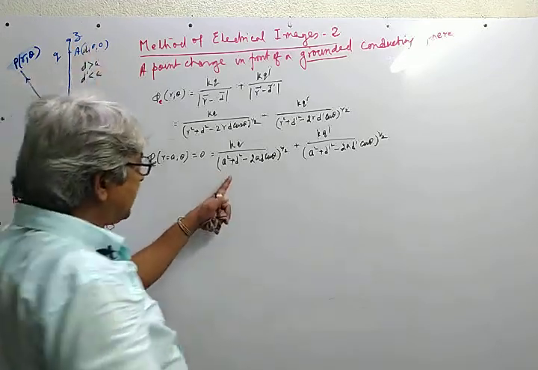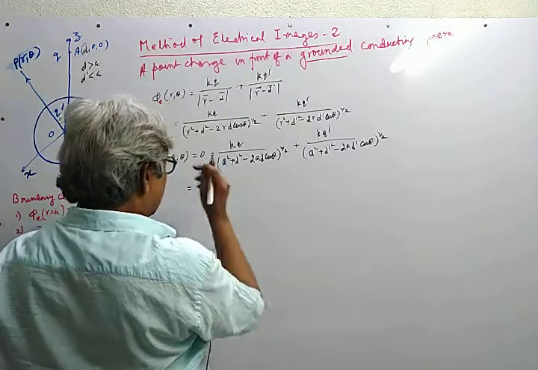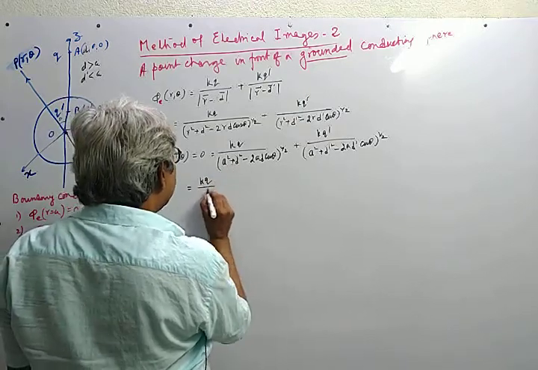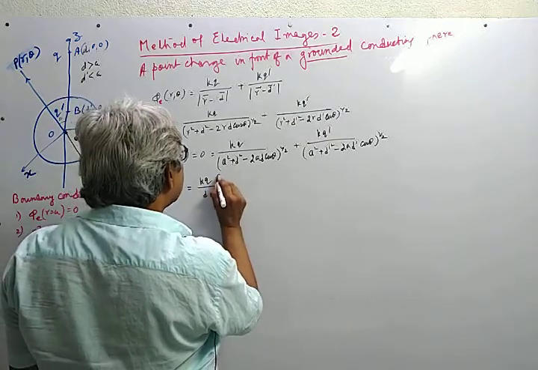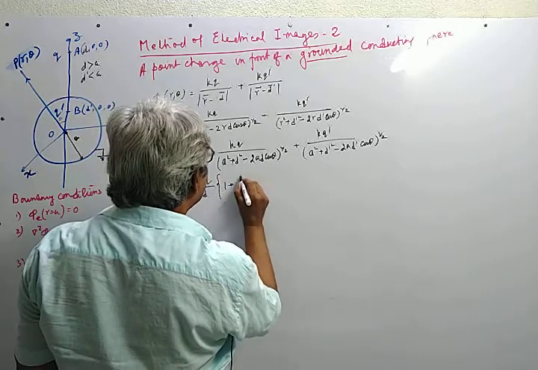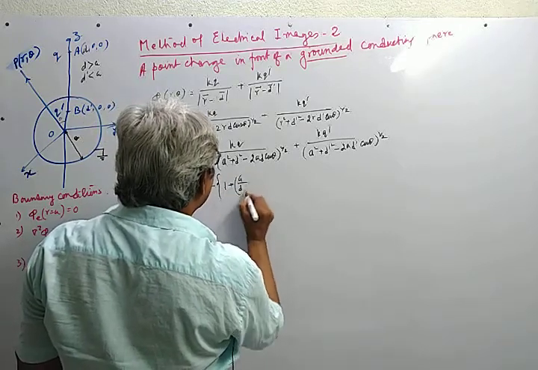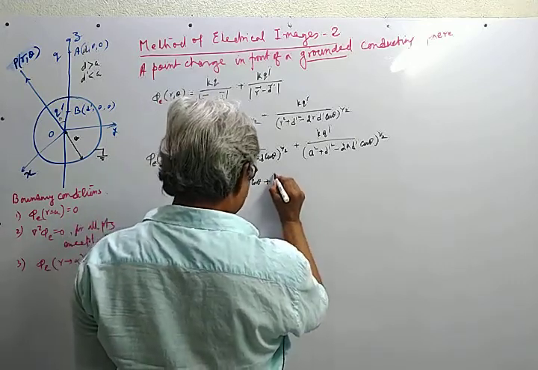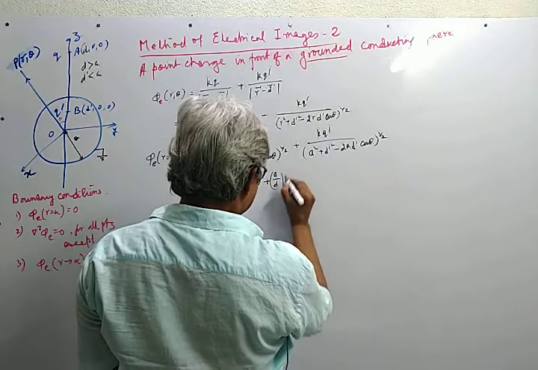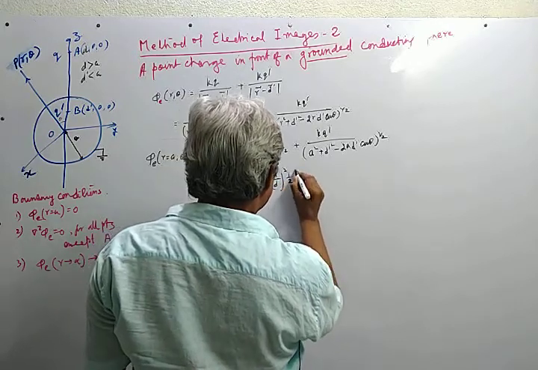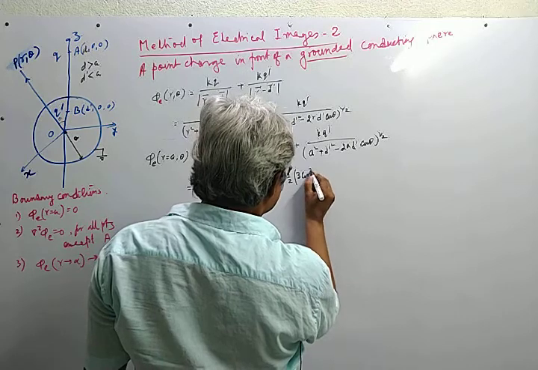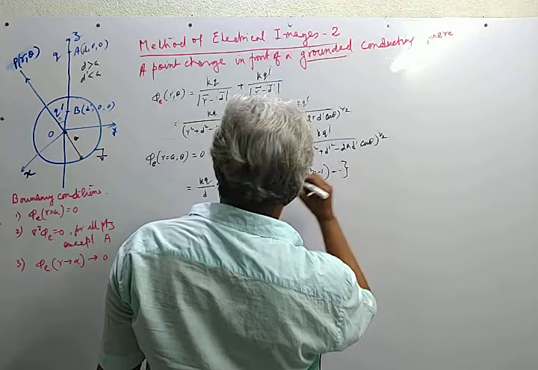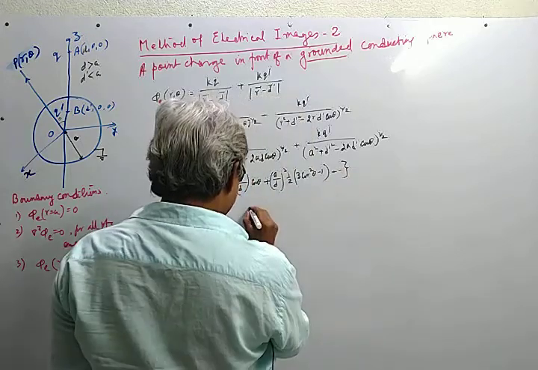So we expand this: d is greater than a, so this is one term, plus the other term.